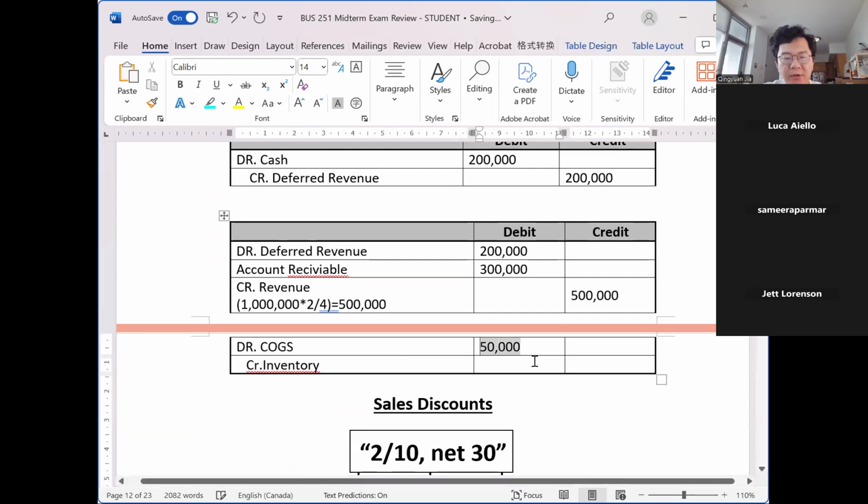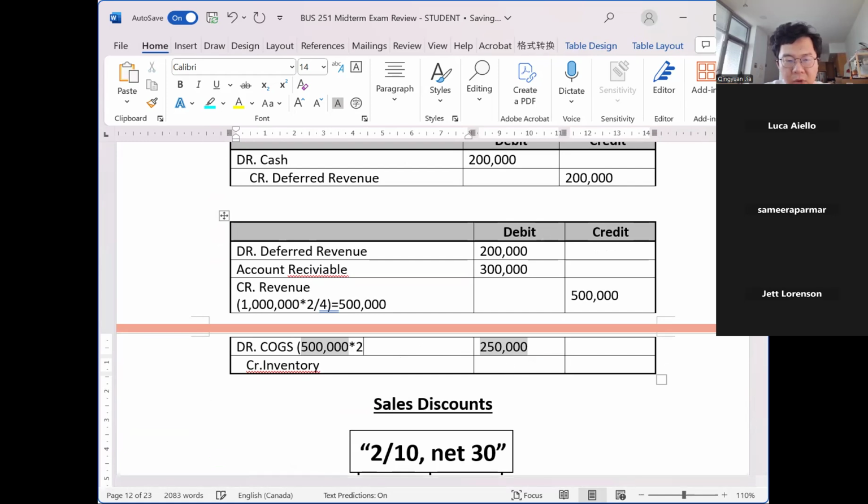That's tricky, because we are not using the total 500,000. We only delivered or completed two out of the four equipments, so we put 250,000 here, and here 250,000.